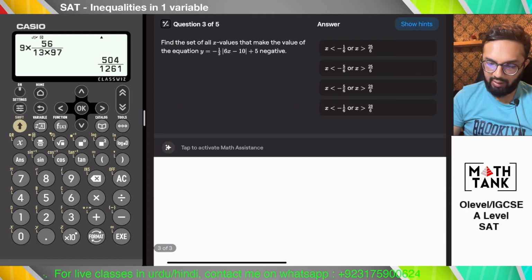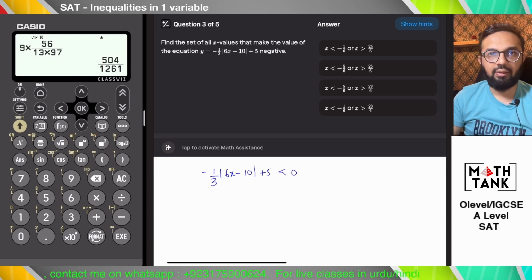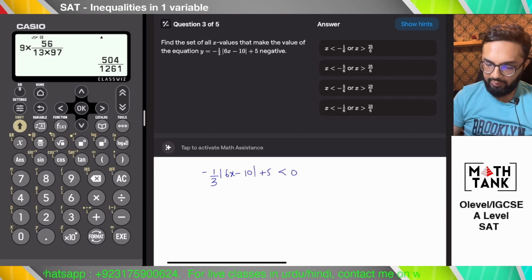It says find the set of values of x that makes the value of this equation negative. So minus 1 over 3 modulus 6x minus 10 plus 5 is negative. So negative means less than 0. Let's start solving.